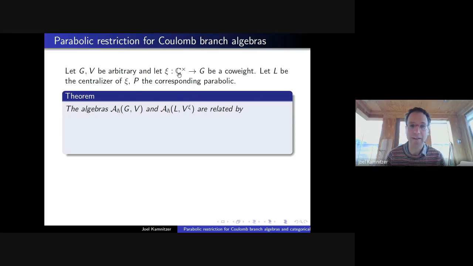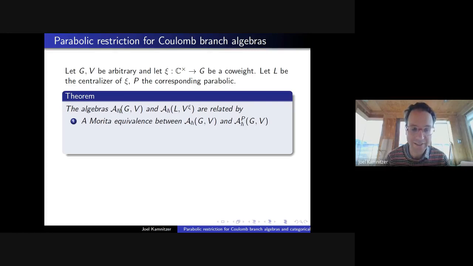So this C star embeds in G, so it acts on the representation, so I can take the invariants. Equivalently, this is the weight spaces of this representation which pair with the cocharacter to 0. And this V^C* is indeed a representation of L. So these two algebras are related by a series of 3 steps.